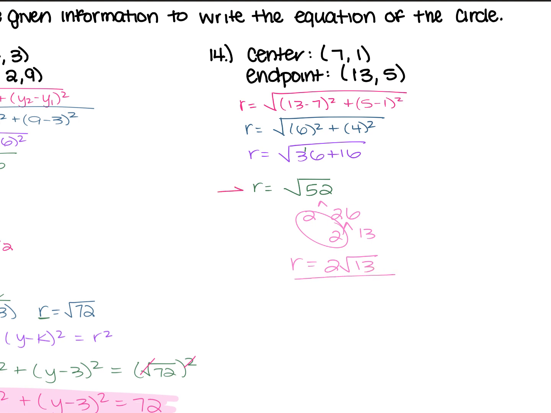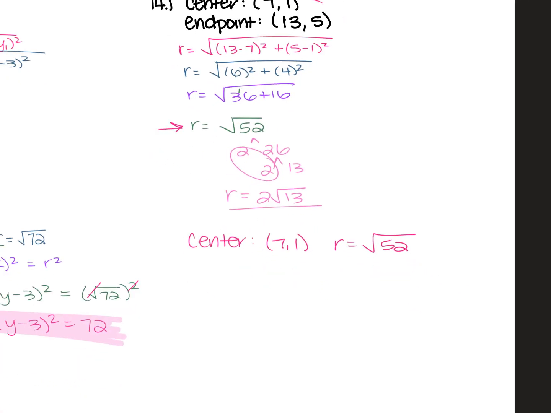Use your square root of 52 and the center in your equation of a circle. So your center is 7, 1. Your radius, we're going to use the square root of 52. You're plugging this into x minus h squared plus y minus k squared is equal to r squared.